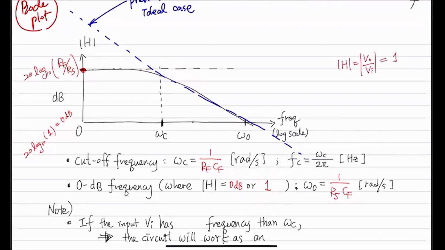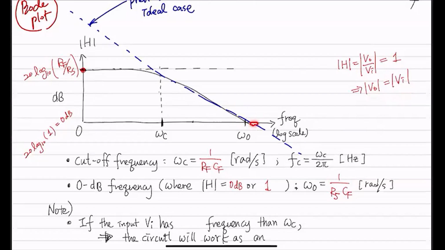And that is 1. That means the V out magnitude is the same as the V in magnitude. You see? So this frequency is when your output amplitude becomes the same as your input amplitude.